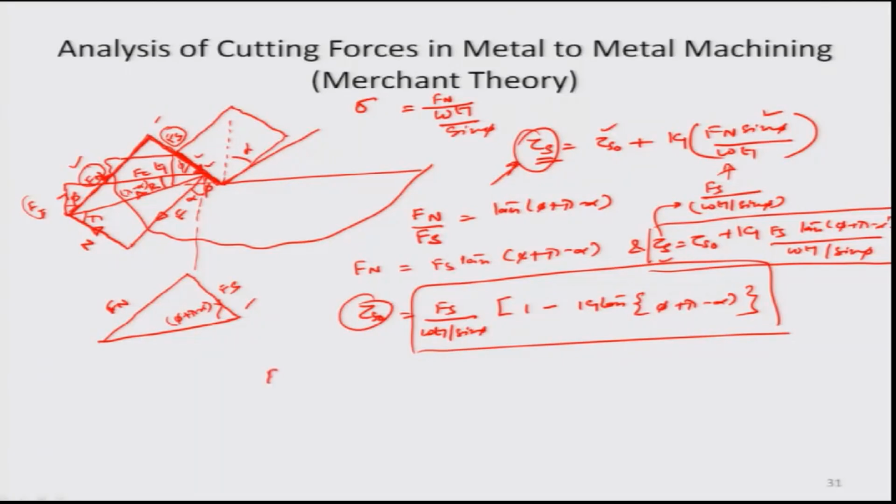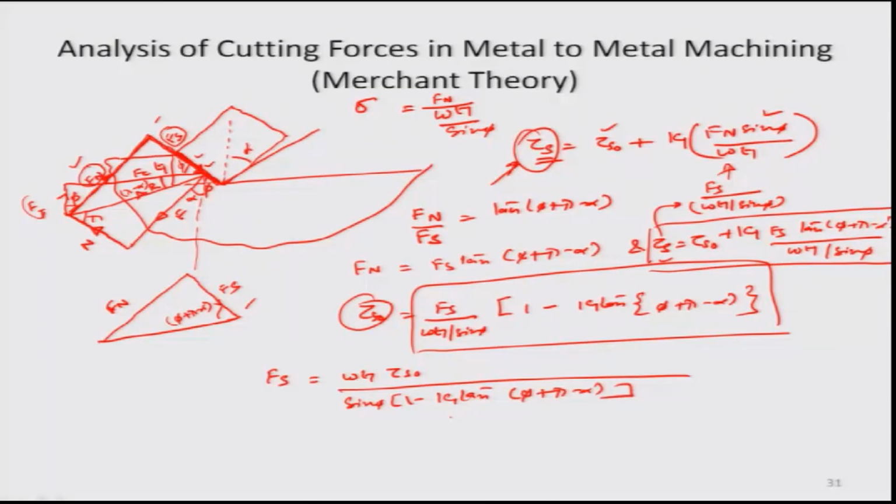Or in other words, Fs can be recorded as Wt1 tau s0 divided by this whole term, which is sin of phi times 1 minus k1 tan of phi plus lambda minus alpha.